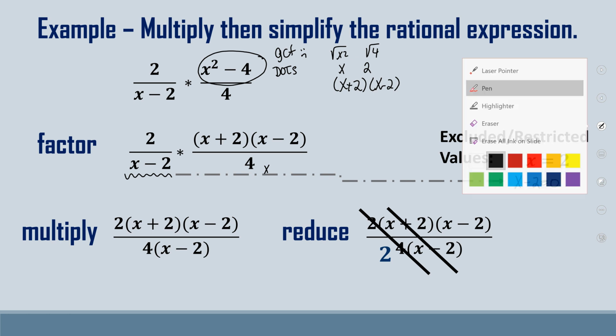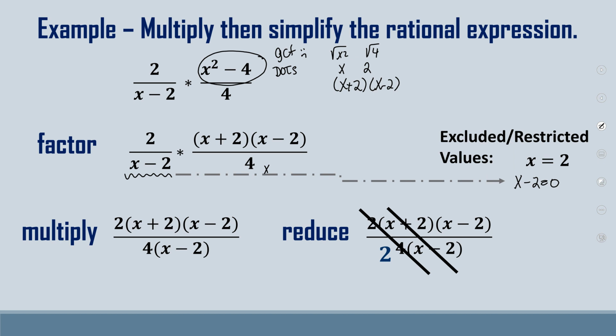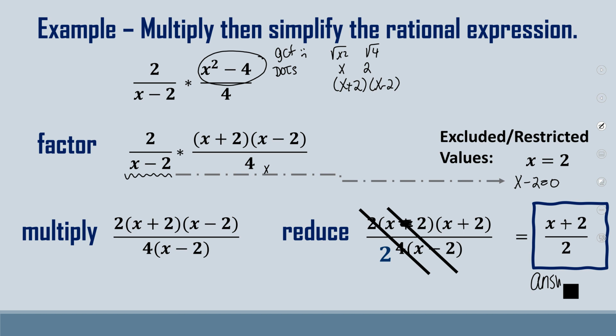So in our factors, we have an x plus 2 left in the numerator and a 2 in the denominator, giving me x plus 2 over 2 as my final answer. There's nothing more to simplify, gang. We can't reduce the 2's because I've got something else added to it in that numerator. Okay, so it's x plus 2 all divided by 2. Okay, great work with that one.